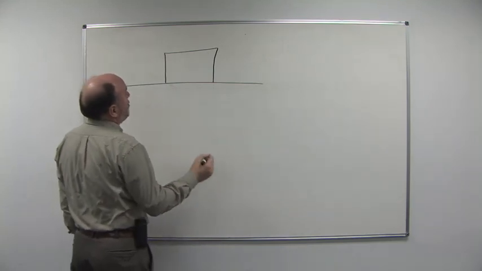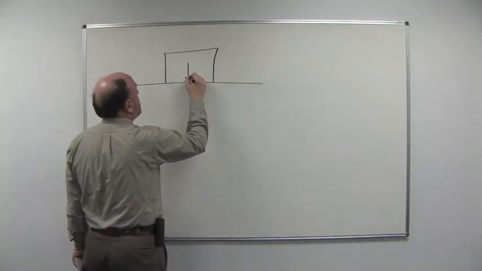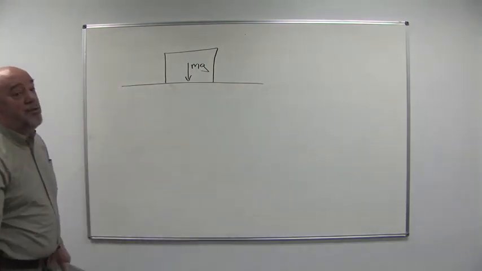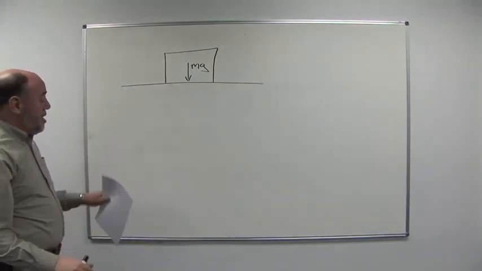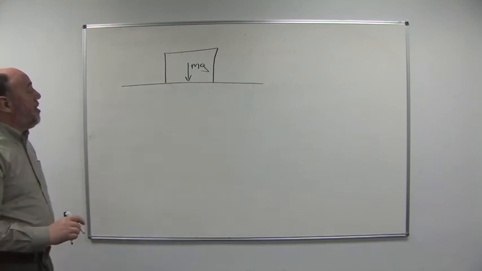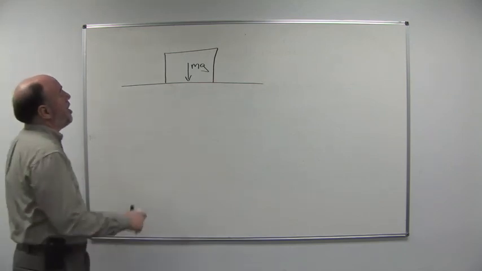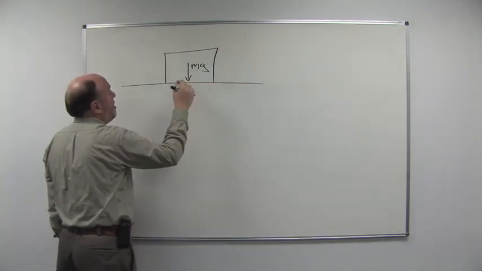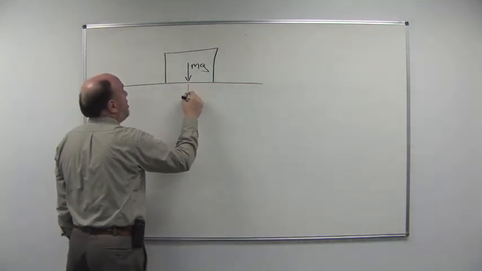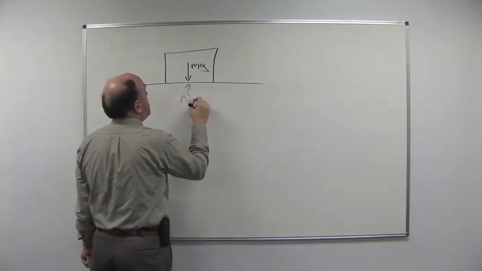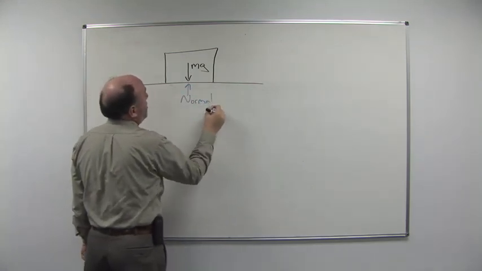In terms of forces acting on this object, the weight of the object will be pushing downwards. But based on Newton's third law, for every action there has to be an equal and opposite reaction, so if the box is pushing down, then at the same time the floor has to be pushing up. This force is called the normal force.